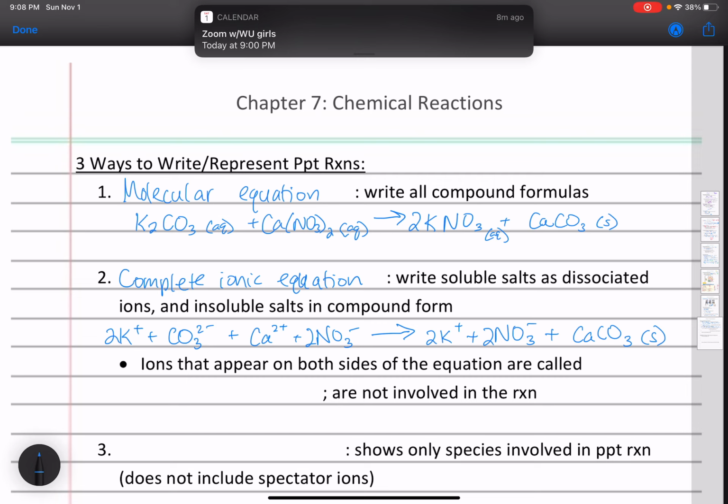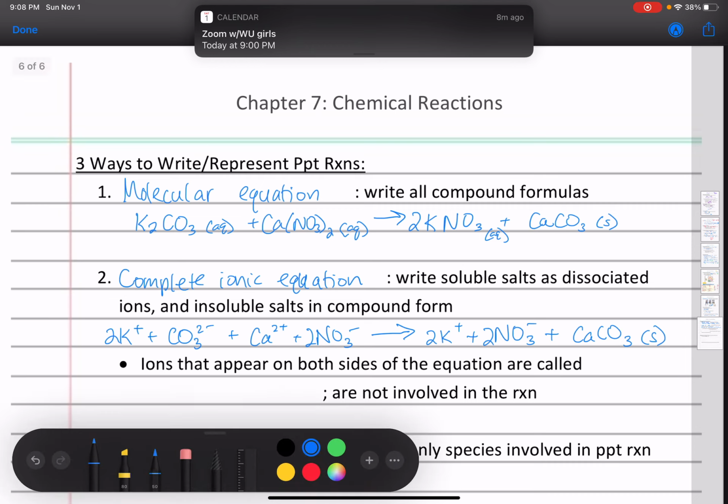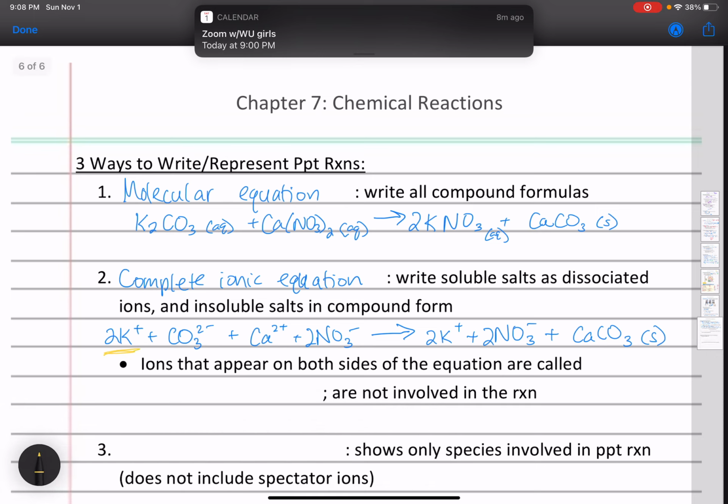And you'll notice that in a chemical equation like this, just like in a mathematical equation, sometimes you'll find that there are identical variables on both sides of the equation. So for example, we've got the potassium ions and our nitrate ions here. When you have the same thing on both sides of the equation, you can cancel them out.